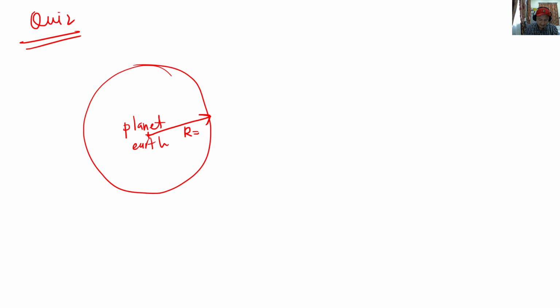Radius Earth polar radius is 6356 km. So our radius is 6356 km. This is the radius of the planet Earth.